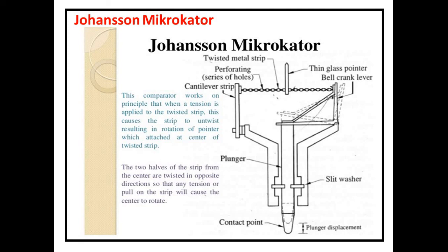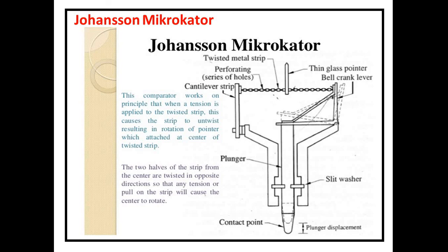Here is one half of the strip, and another half of the strip. The two halves of the strip are twisted in opposite directions, and as the strip gets twisted in opposite directions, the pointer is going to move, either in clockwise or anti-clockwise direction.